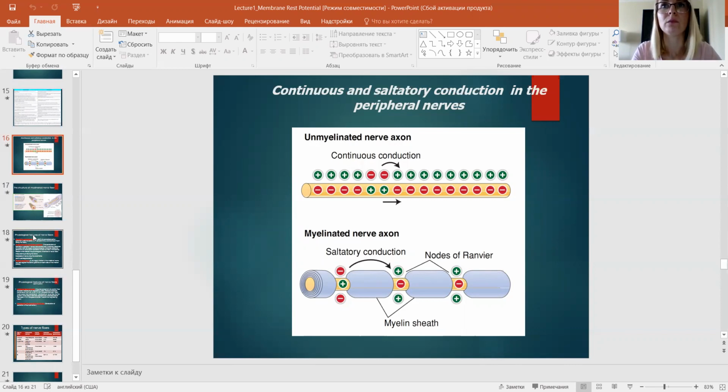So in case of myelinated fibers, it reaches about 120 meters per second. The mechanism of the conduction in the unmyelinated nerve fibers is achieved by the local ionic current between the excited area and the neighboring unexcited area.